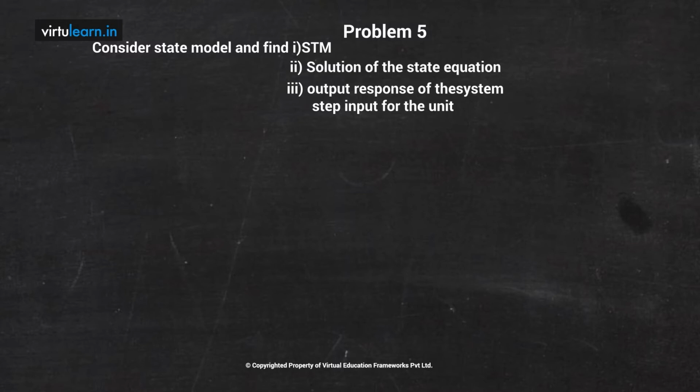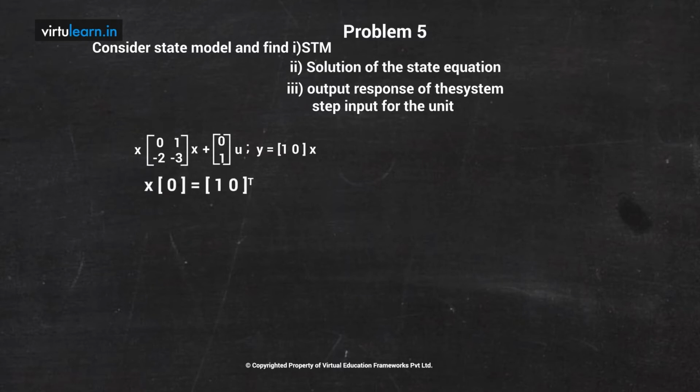The state model is x dot is equal to [0, 1; minus 2, minus 3] x plus [0; 1] u, y is equal to [1, 0] x, and x of 0 is equal to [1, 0] transpose. So this is a state model and also we have initial conditions.